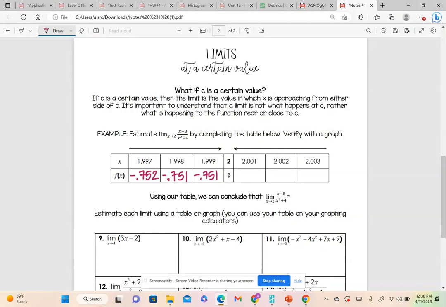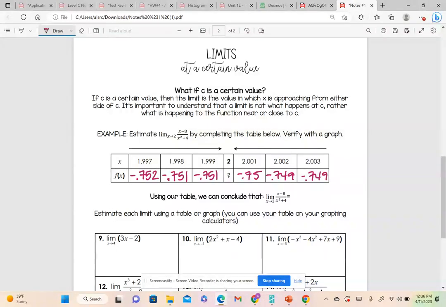It's satisfying. But what values are we really, really close to? So you got negative 0.75, negative 0.749, negative 0.749, right? So what do you think the limit is as x approaches 2? So you got this, this, this, right?